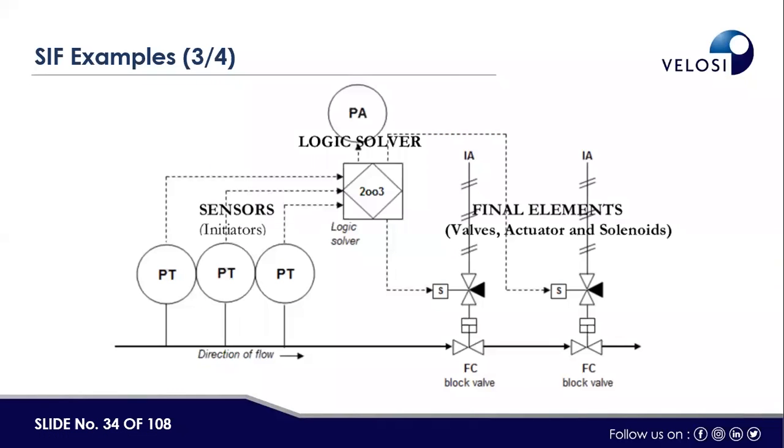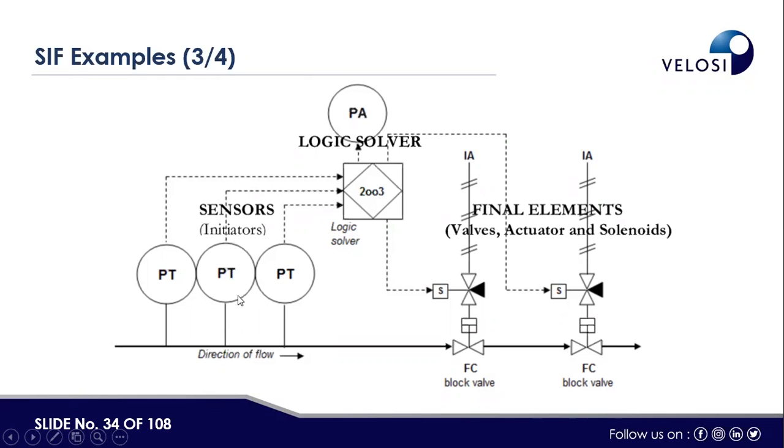Now, another example is what we normally call a voting system, and this would come in the next generation when you will be doing a SIL verification. Here, for example, there are 3 transmitters giving signal to this logic solver.